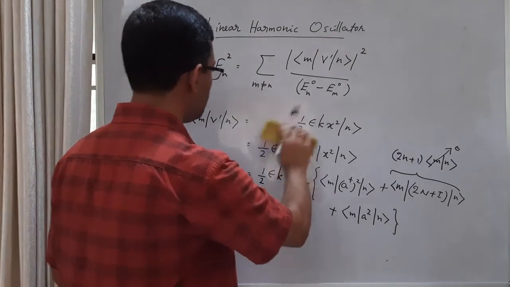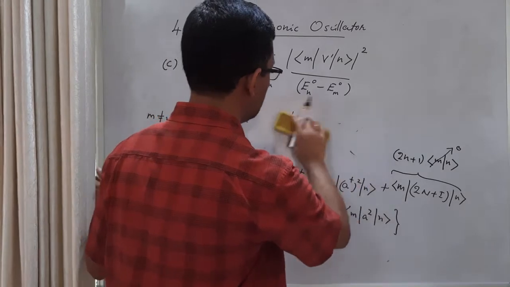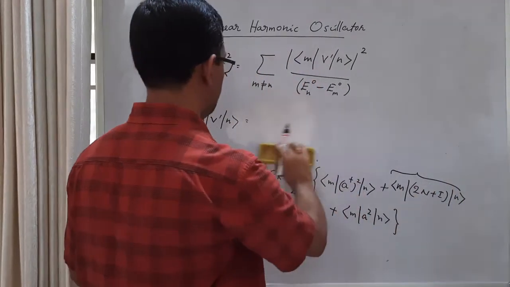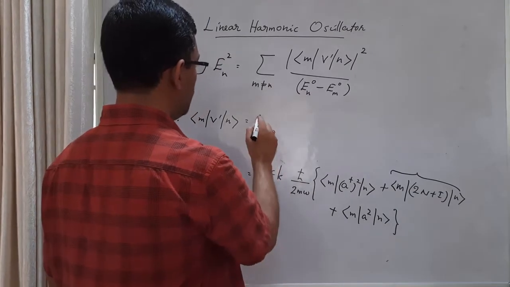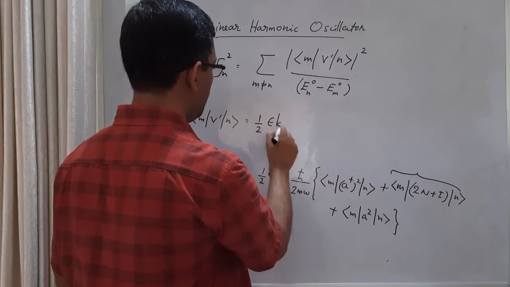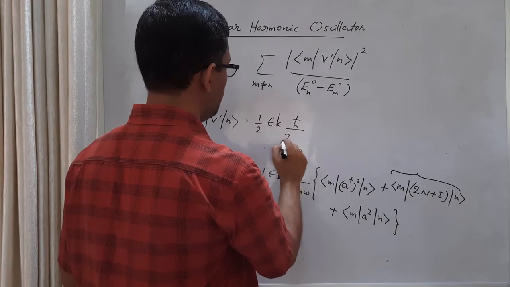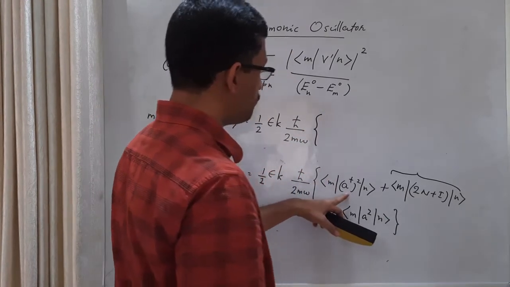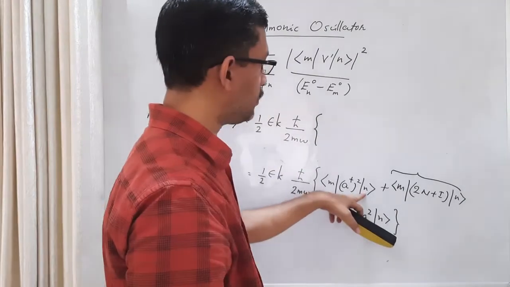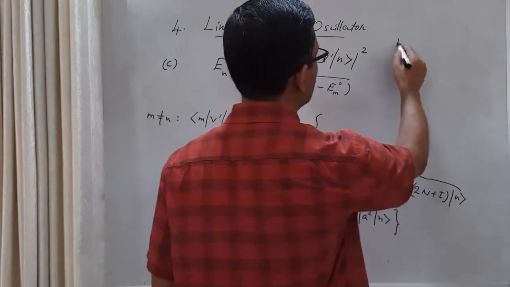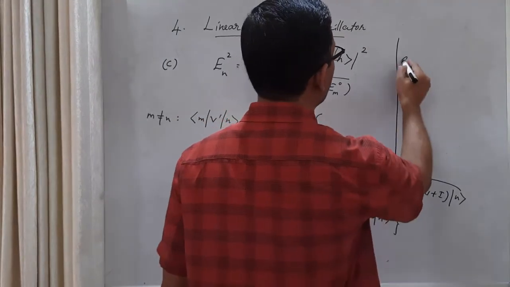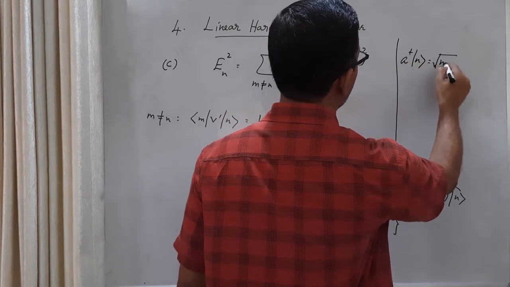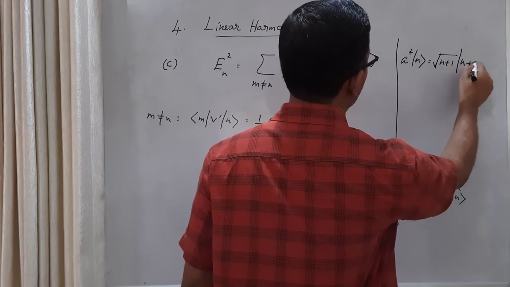So what you get is half epsilon k h cross by 2m omega into... When a dagger acts on ket n, this result also we have to remember, what you get is root of n plus 1 into ket n plus 1.